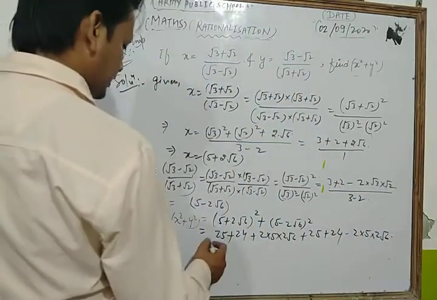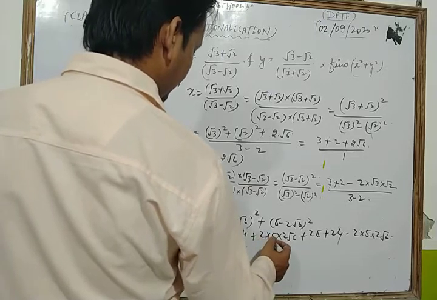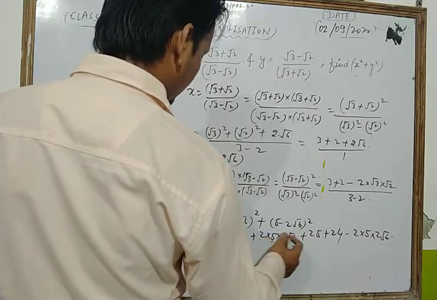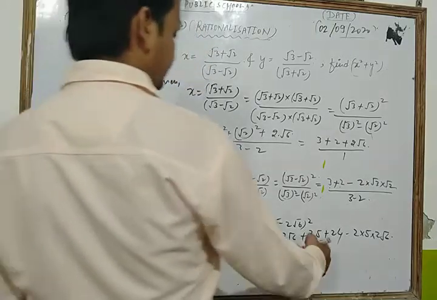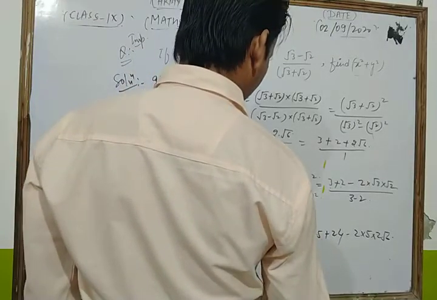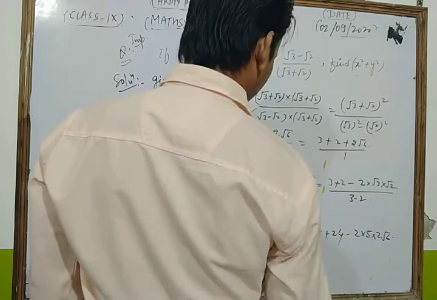Now what I get is 49 plus 20 root 6, plus here 49 minus 20 root 6.